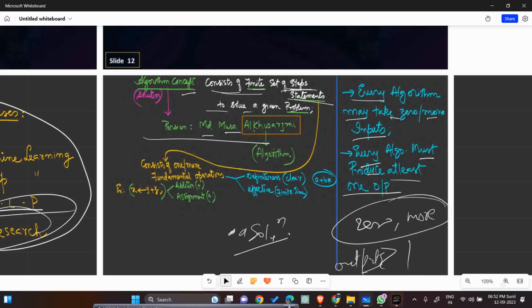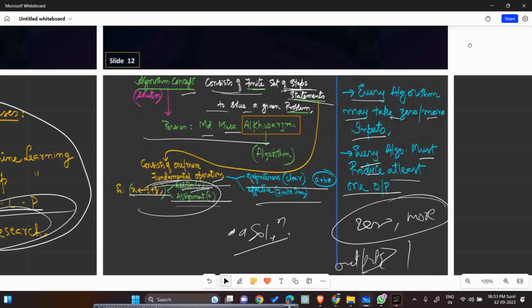Okay. All right. It consists of one or more fundamental operations, like addition and assignment. Definite, effective, finite time. Statements consist of fundamental operations, just like these statements, the addition, assignment.